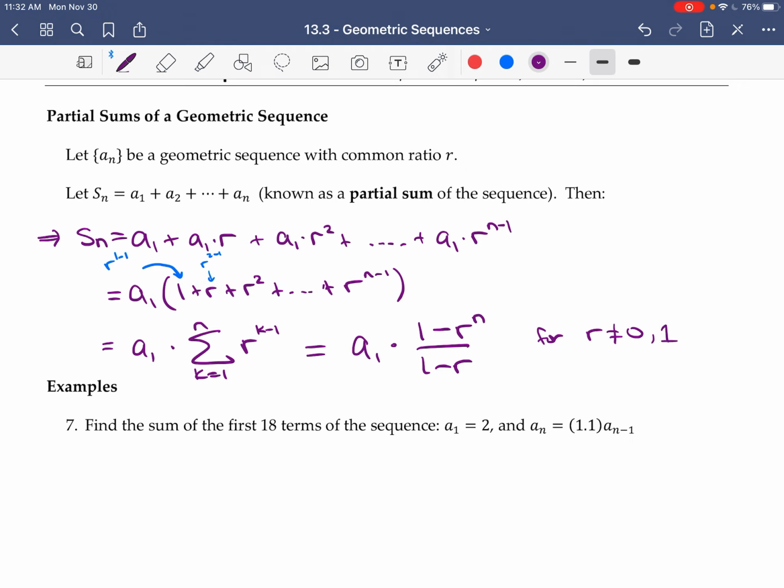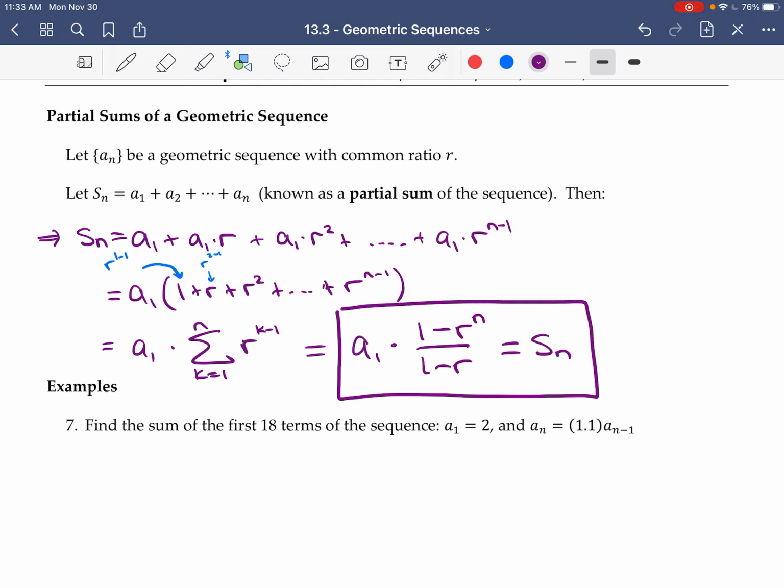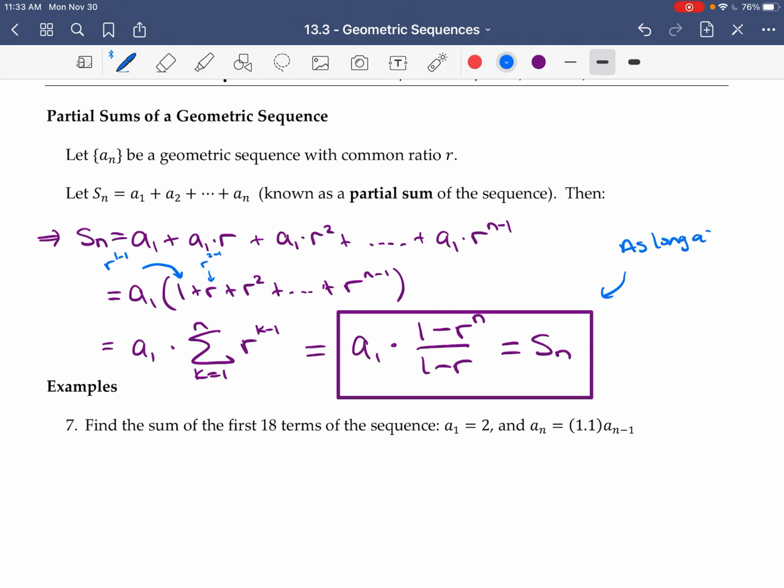Okay, then it would be equal to that. So this is the partial sum. So the first n terms. Okay, so this is as long as r does not equal 0 or 1.